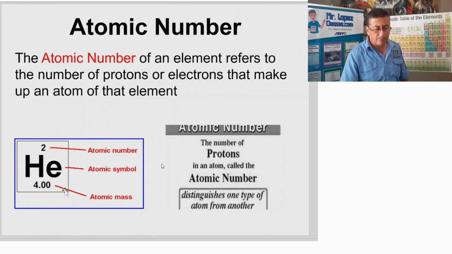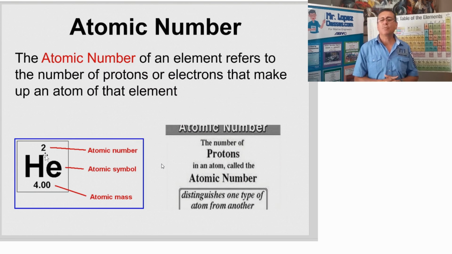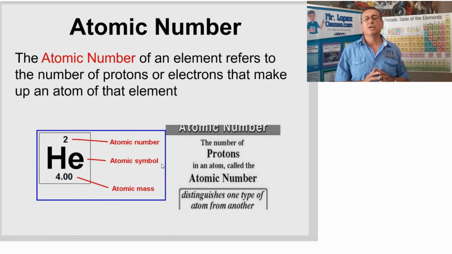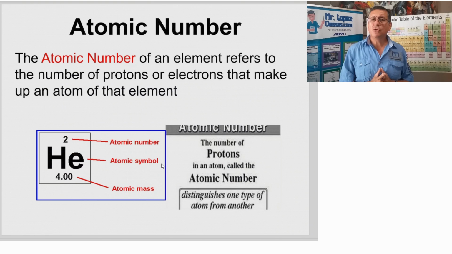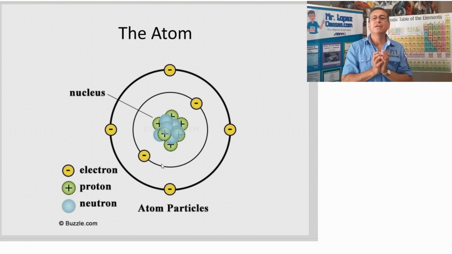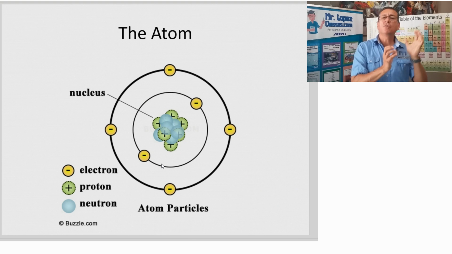The top one, number 2, is related to the atomic number. The top number refers to the number of protons or number of electrons. If we return to this picture, the atom has in the structure the same amount of protons and the same amount of electrons.